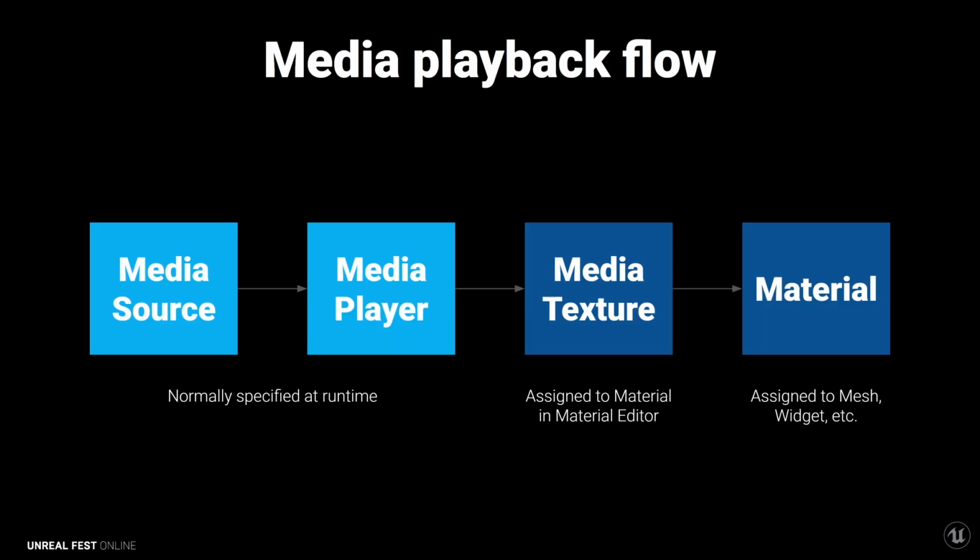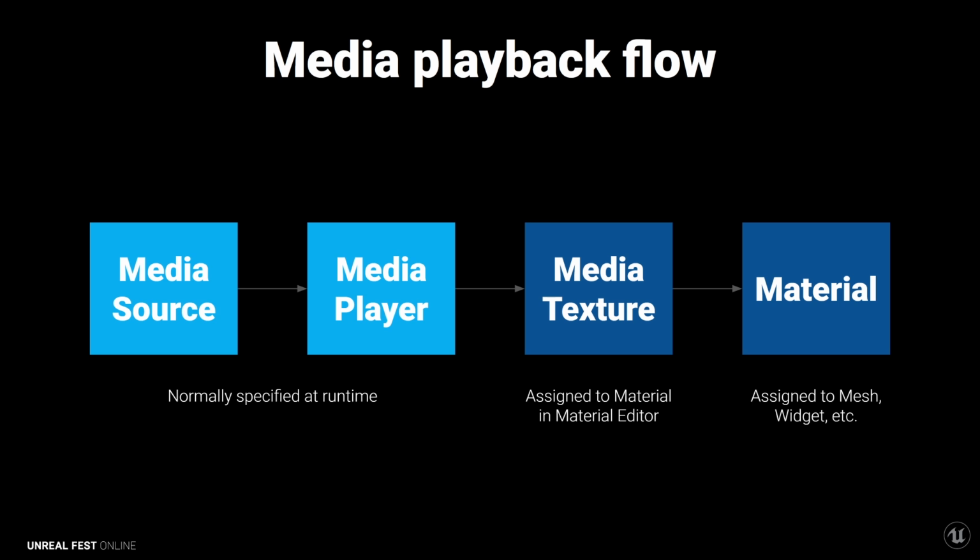Let's take a quick look at the parts required for media playback in Unreal. The first part is the media source. This is where you actually specify the media file to play back, whether it's an image sequence, a video file, or there are some other things like streaming media that could also be media sources. These will feed into a media player, which controls the playback as far as play, pause, stop, frame number, etc. These are fed into a media texture, which is a special type of texture that handles media playback.